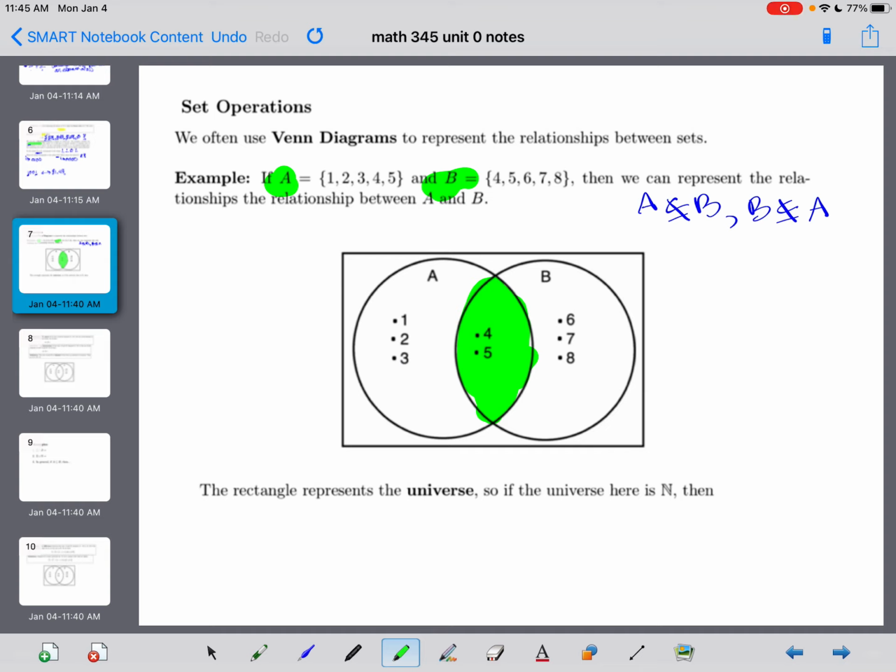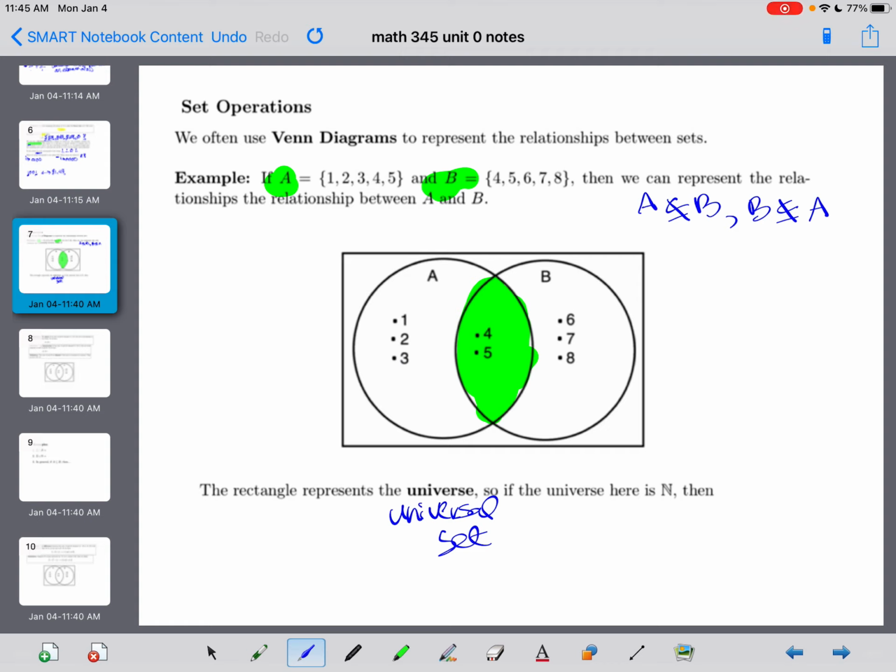We usually draw a Venn diagram inside some sort of a larger circle or box to represent a universe or a universal set. This is just some set that contains everything that's in A or B or both, possibly with extra elements as well.